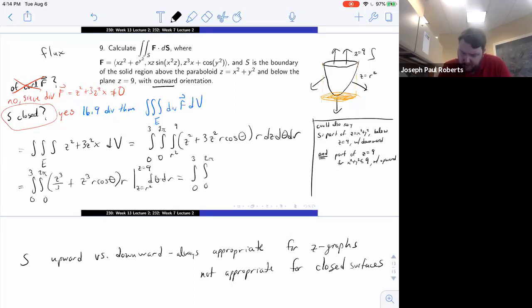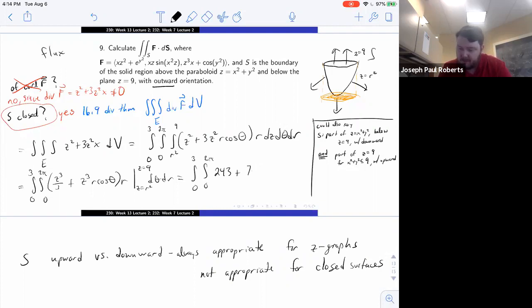So I'm left with what? 9 cubed over 3. So what's that? 3 to the 6th over 3 is 3 to the 5th, which is 243, I think. Plus 729.